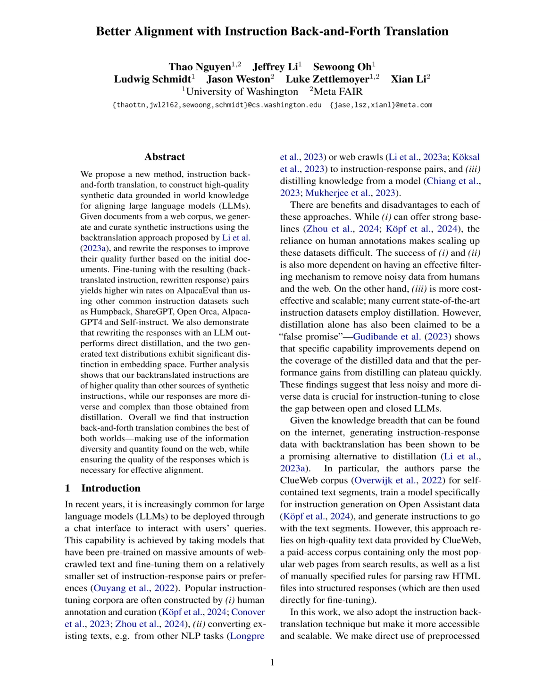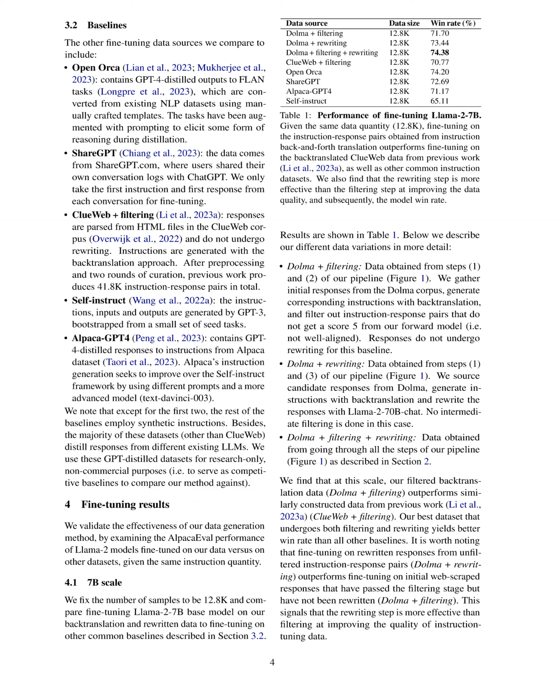Secondly, the rewriting process enhances the quality of responses by leveraging the diversity of information found in web-sourced texts, resulting in instruction response pairs that outperform those generated through distillation alone. Specifically, our method yields a 6% improvement in win rate over ClueWeb-based datasets, demonstrating its effectiveness.